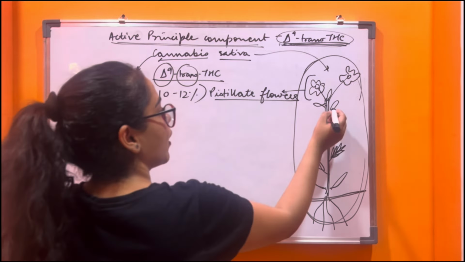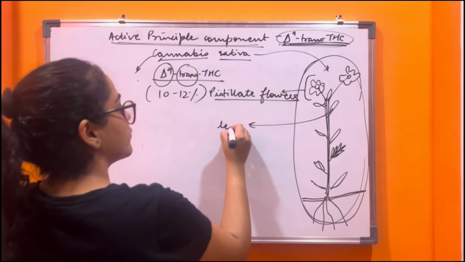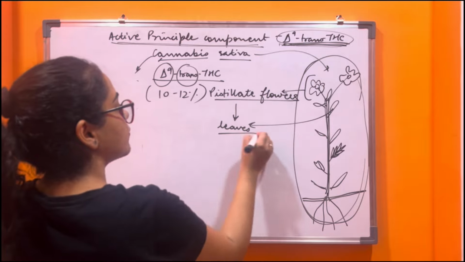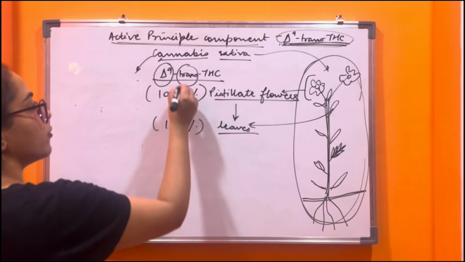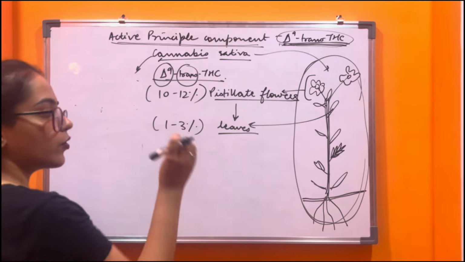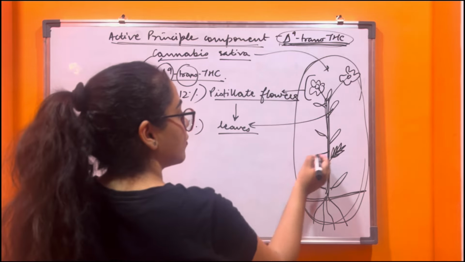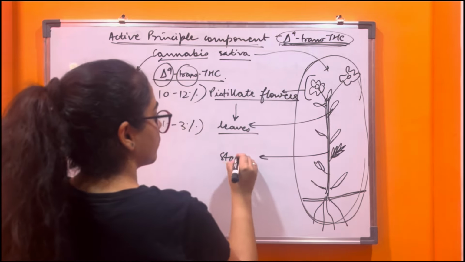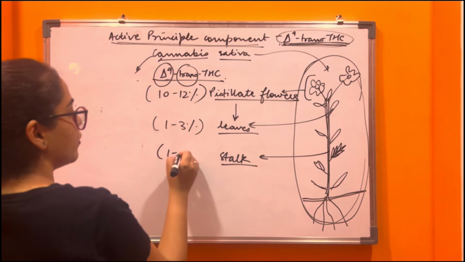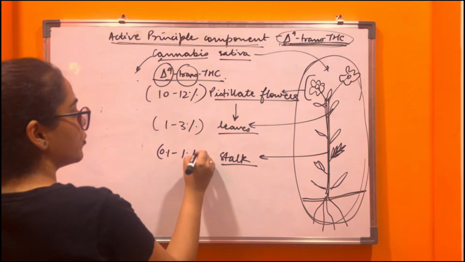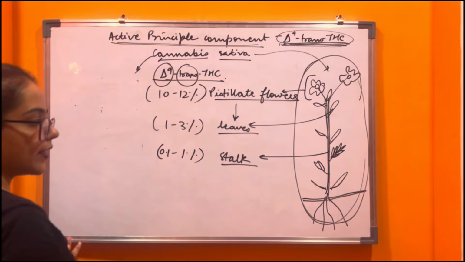After pistillate flowers, leaves come next. Leaves have a percentage composition of 1 to 3% of delta 9 trans THC. Then comes the stalk, which has around 0.1 to 1% concentration of delta 9 THC.